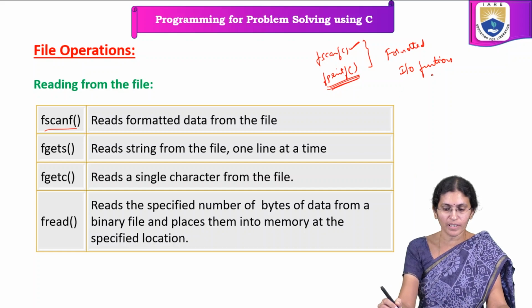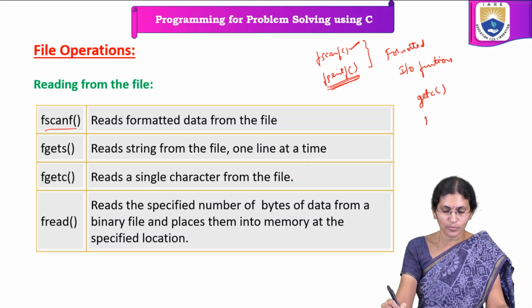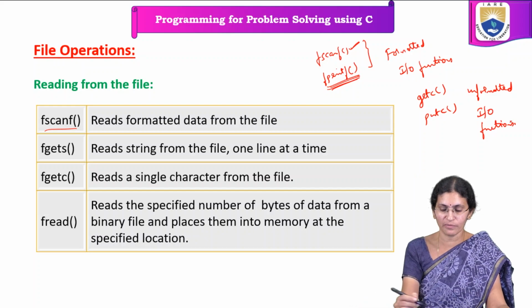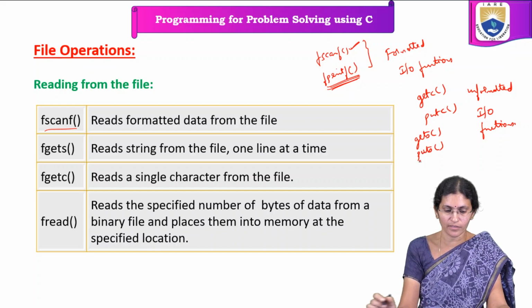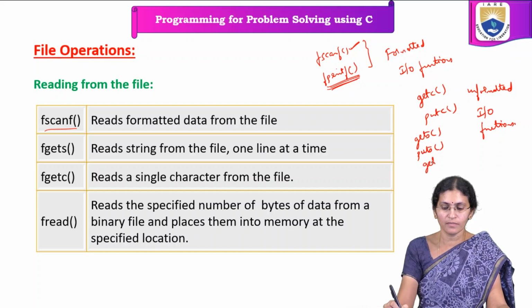There are unformatted IO functions also. These unformatted IO functions are getc, putc, then gets, puts, etc., and getw and putw.